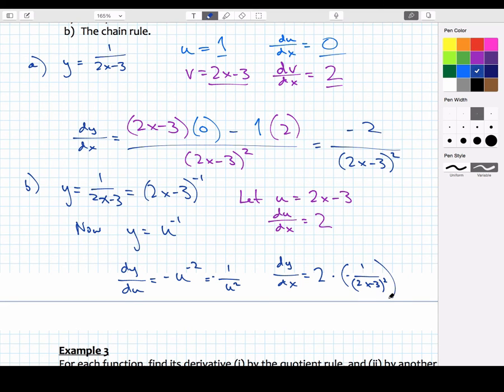When I multiply the 2 into the numerator, we get minus 2 over 2x minus 3 squared. And do we get the same thing? The quotient rule tells us this, and the chain rule agrees. Very good.